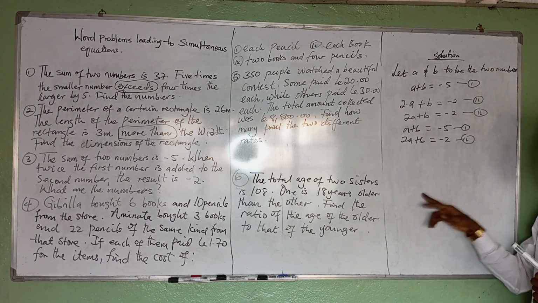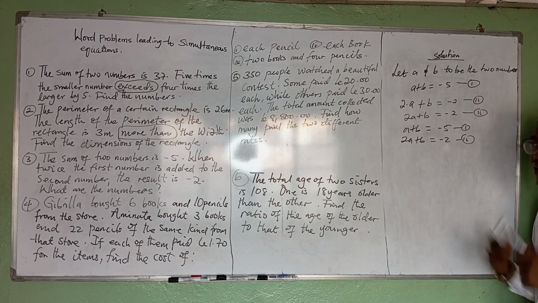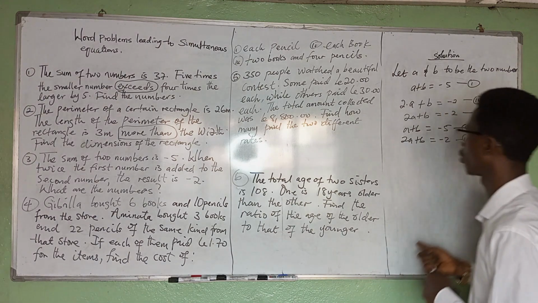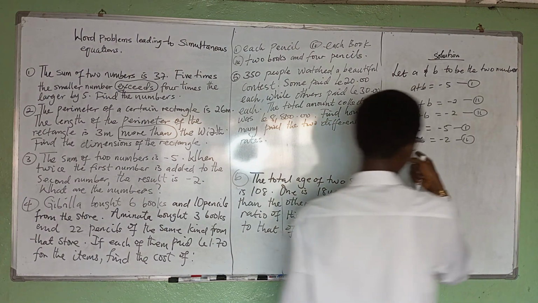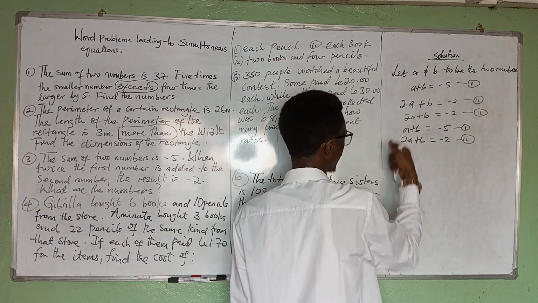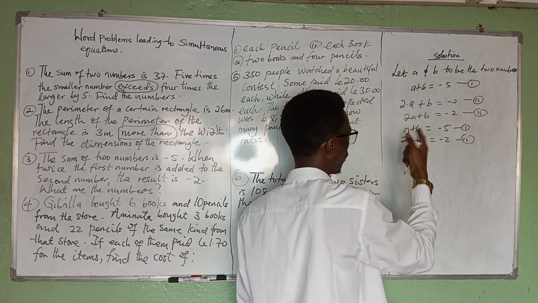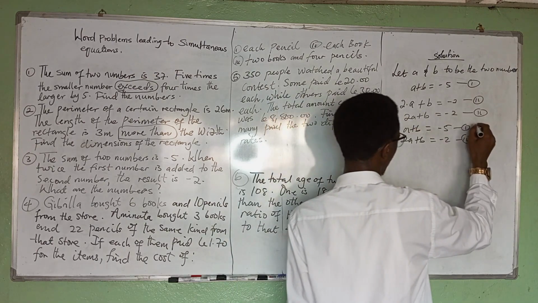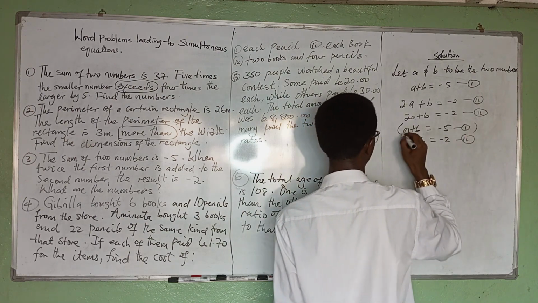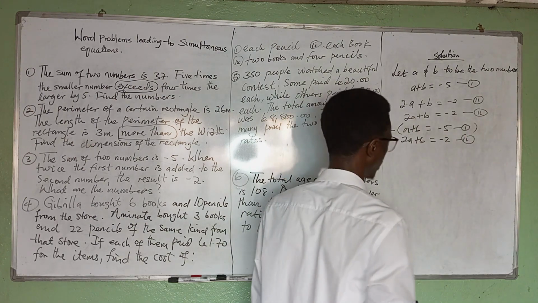So if you have plus 2 and minus 2, that means you are having 0. Since we have B and B here, but we cannot eliminate them, one of these should carry a negative sign. So we can just multiply throughout equation 1 by a negative sign.